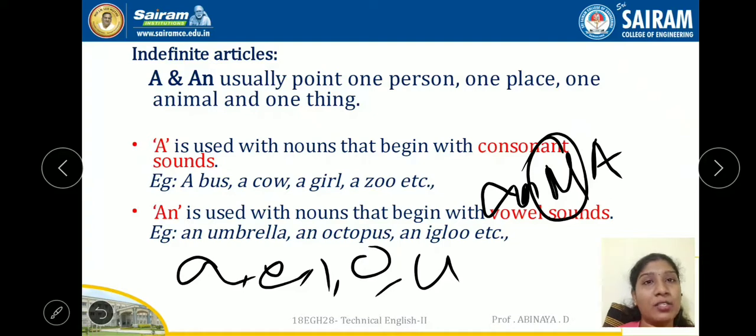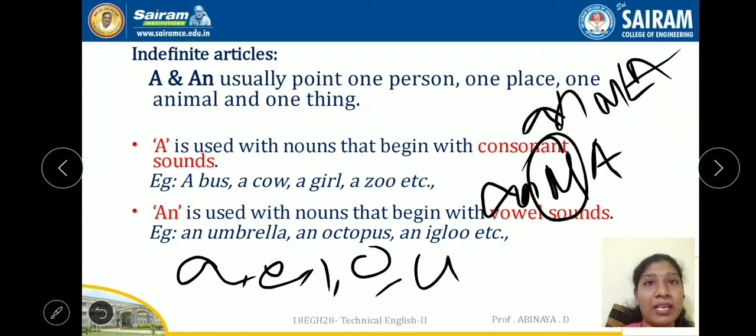While using MA, MLA, MP, go for an: an MLA, an MP, an MA graduate. Why? Because all these abbreviations start with a vowel sound.